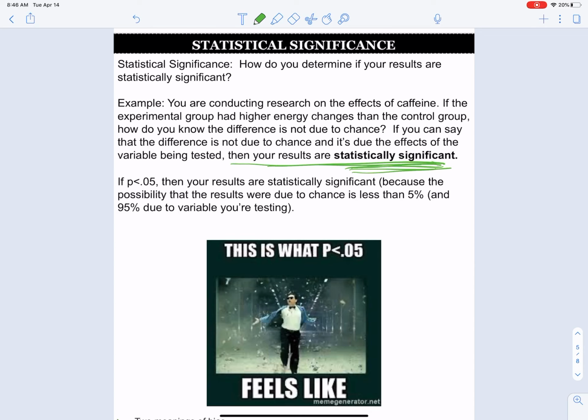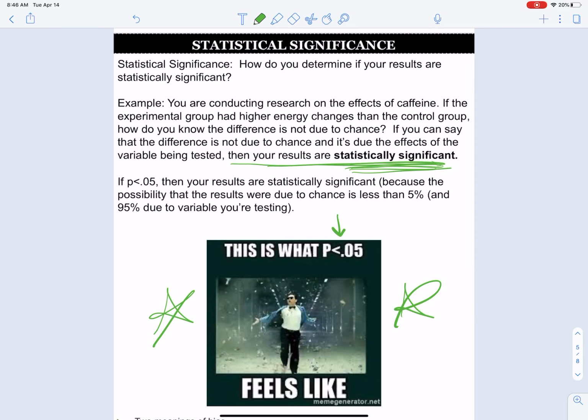So you really want to have results that are statistically significant usually when you're conducting research. That's why you are conducting research. So that's why this little man right here is very happy. If you get a p-score of less than 0.05, then you have achieved results that are statistically significant. And this is really important.